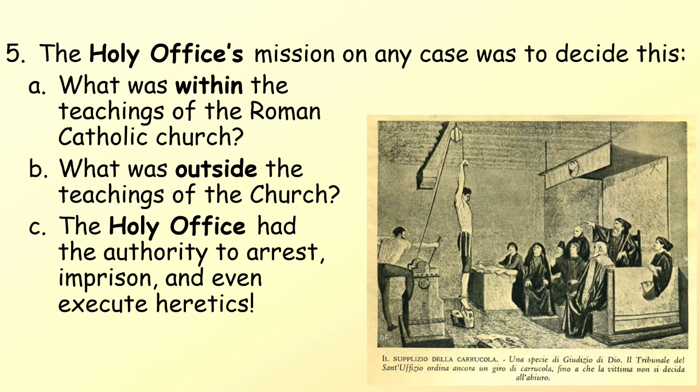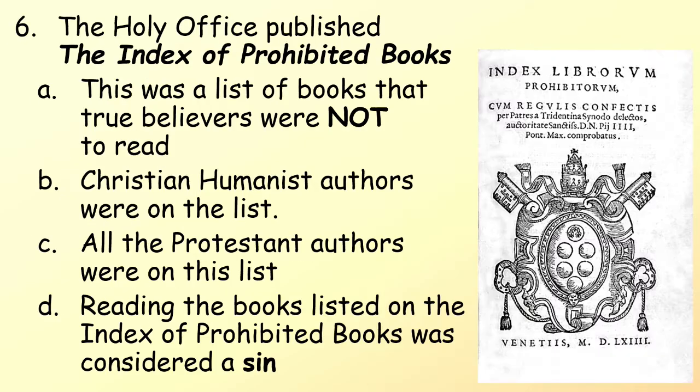The Holy Office's mission on any case was to decide this: what teachings were within the teachings of the Roman Catholic Church, and what teachings were outside the teachings of the Church. And the Holy Office had the authority to arrest, imprison, and even execute heretics.